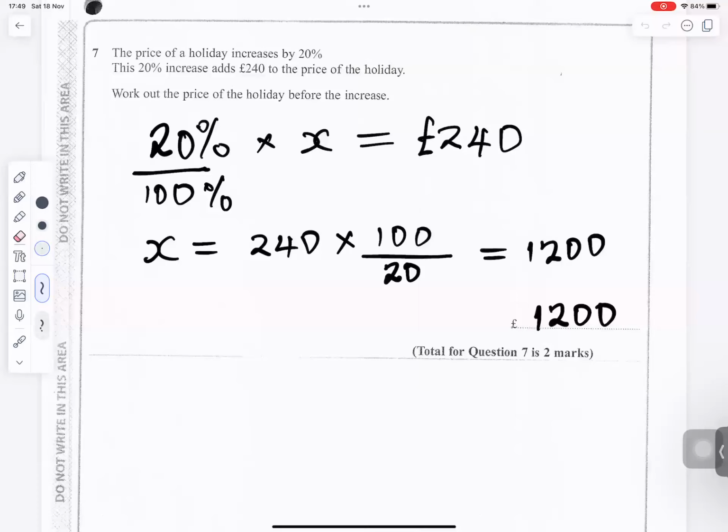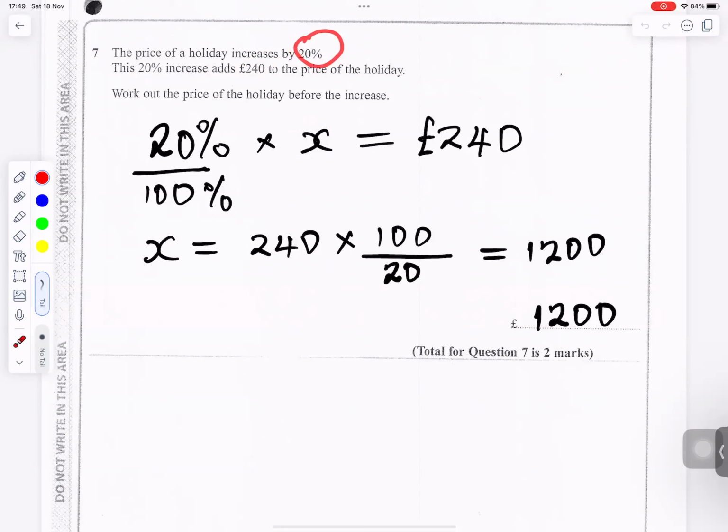Question 7, the price of a holiday increases by 20%. This 20% increase adds £240 to the price of the holiday. Work out the price of the holiday before the increase. So before you increase it, let's call it X. So we want to find what that 20% is.